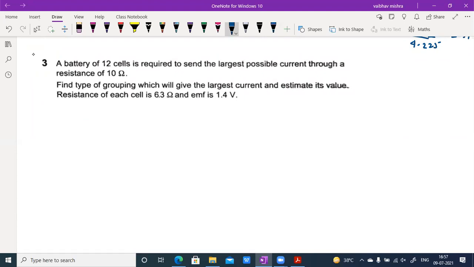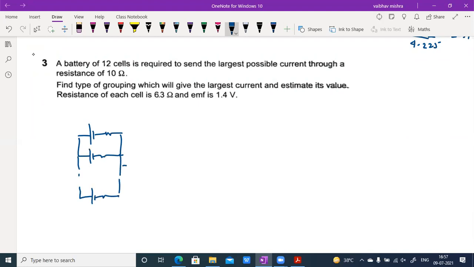So there are 12 cells and each is required to send the maximum possible current. Current को increase करने के लिए we connect these cells in parallel. So there will be 12 cells in parallel.